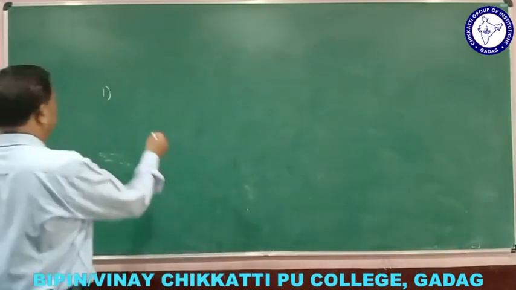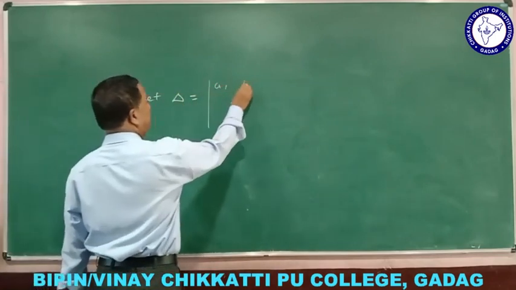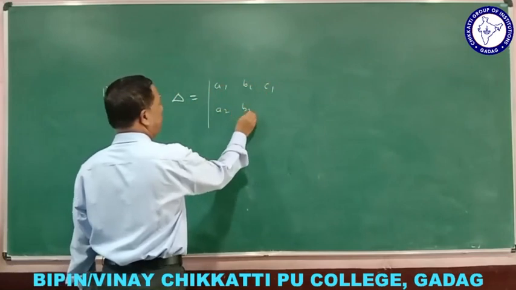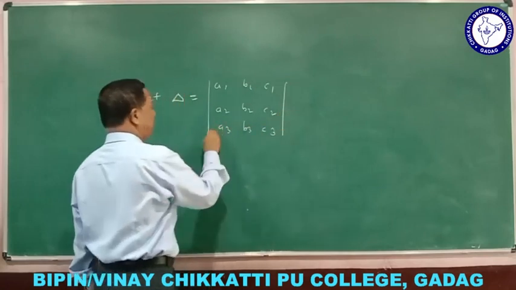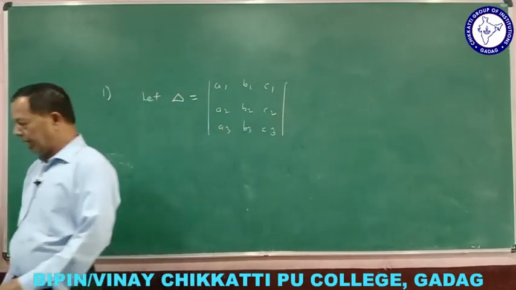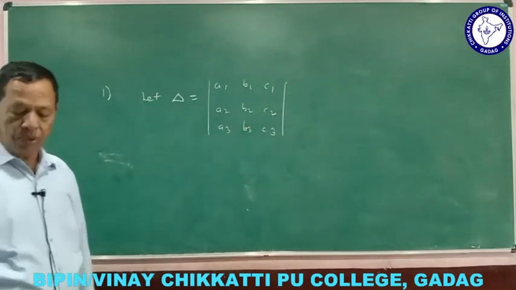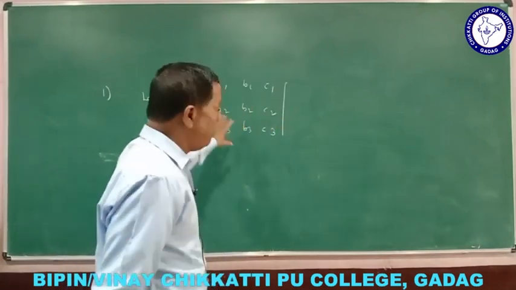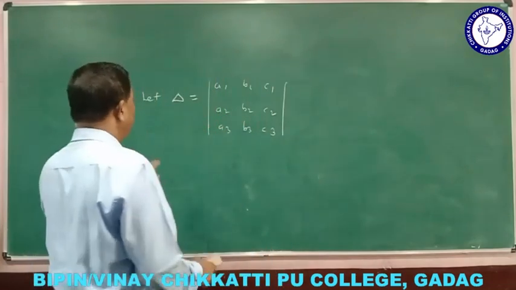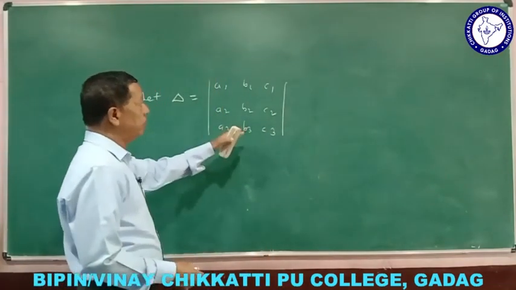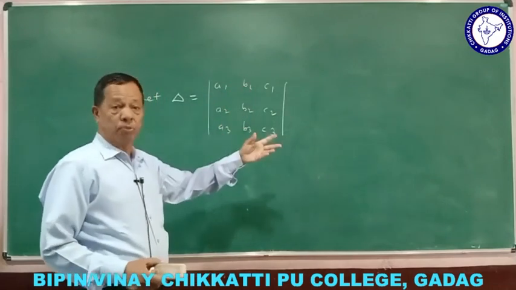For example, let A equal to A1, B1, C1, A2, B2, C2, A3, B3, C3. This is the determinant. Here you try to understand that we have to change the rows and columns, then you see the value. However you write A1, A11, A12, A21, that is clumsy to prove the property.